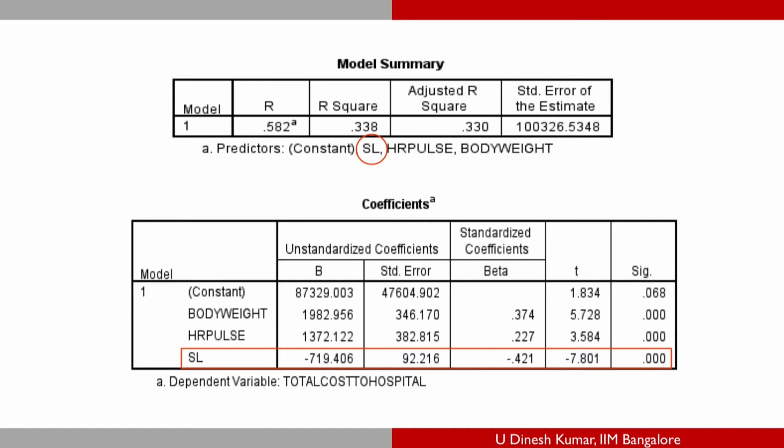When I had the first 2 variables, body weight and HR pulse, the R square was 0.173, but the moment I brought in SL, the R square almost doubled to 0.33. What I am trying to convey is that you may come up with a variable which may not have any statistical significance, even then you will see that the R square increases.